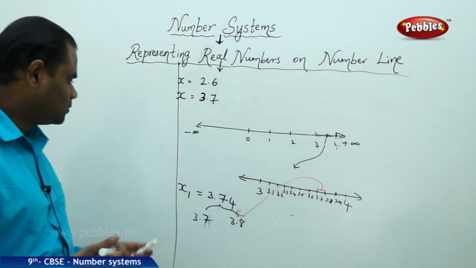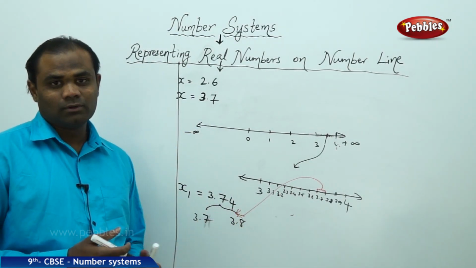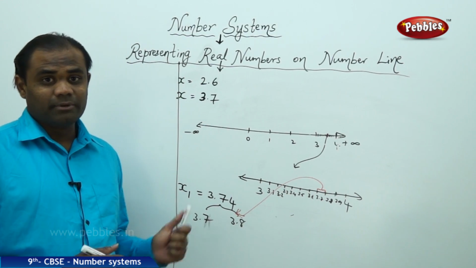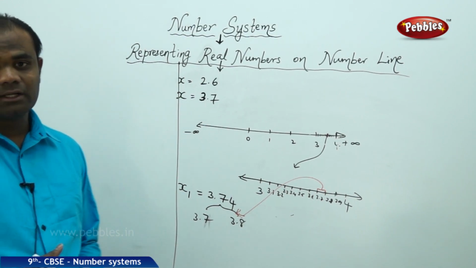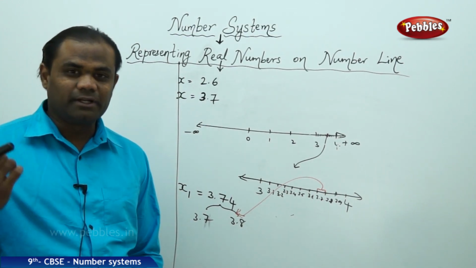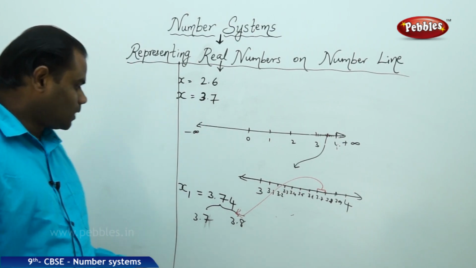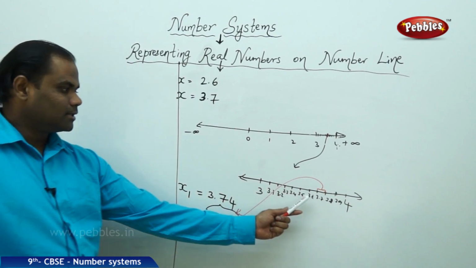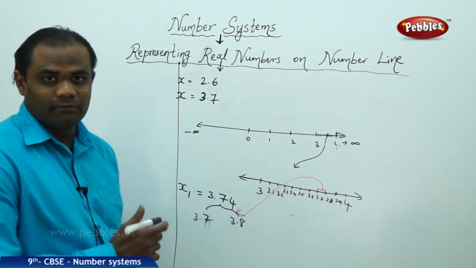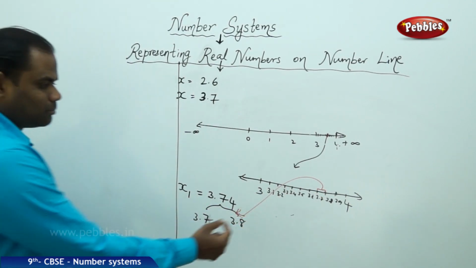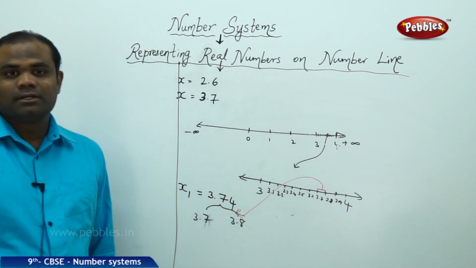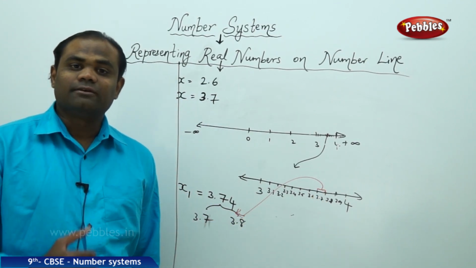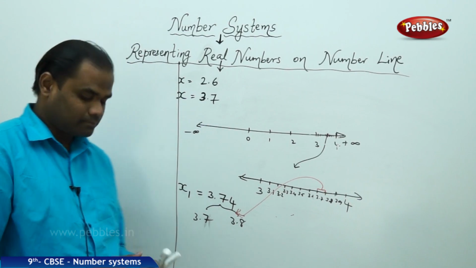Now let's see how the number 3.74 up to 2 decimal places can be represented on the number line exactly through its subdivided interval. Now as we know that 3.74 lies between 3.7 and 3.8, we'll try to make a number line between 3.7 and 3.8 subdivided again into 10 different intervals.